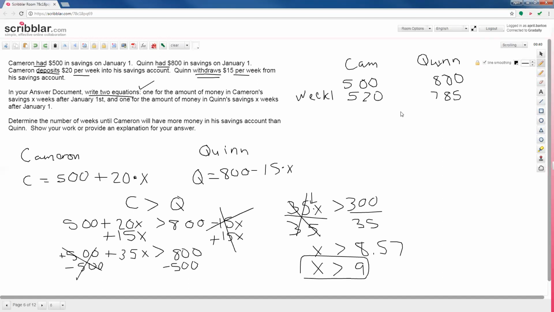And you're just going to write out the whole chart. And you should write out the entire thing so they can see you know what's going on. 770. So you just keep going with each week until Cameron's money is more than Quinn's. So again, we're adding 20 here each time and minusing 15 over here.